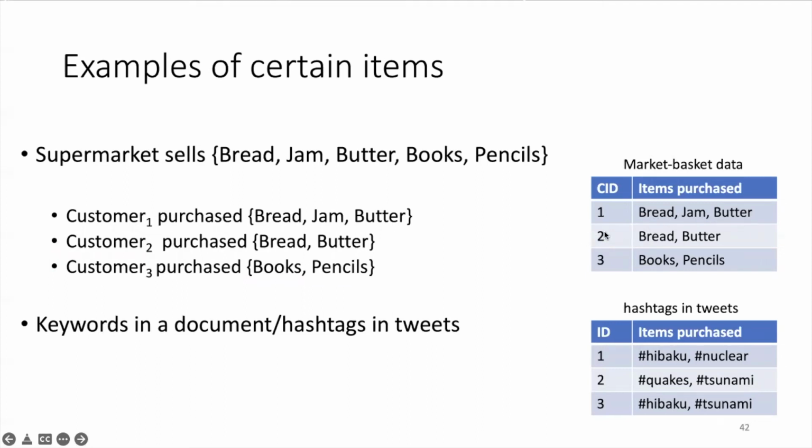Similarly, customer two has purchased bread and butter. Customer three has purchased books and pencils. So this kind of data is called certain data. You can also think of keywords in a document or hashtags in feeds as certain data.